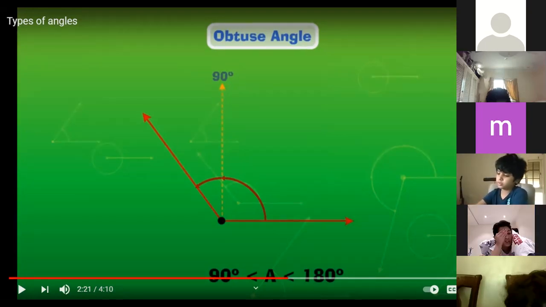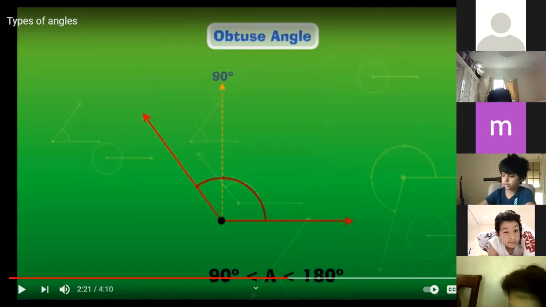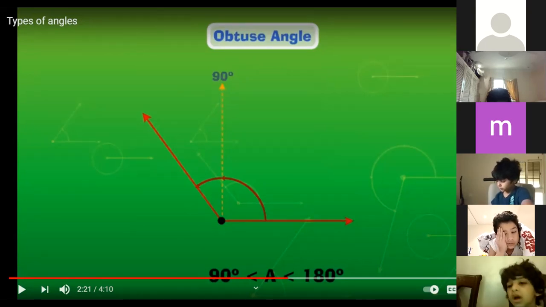Omar, what is the type of this angle? No. Please concentrate, Omar. You're sleeping. No, I was just. I'm sad.